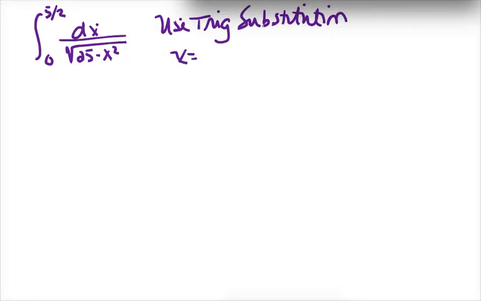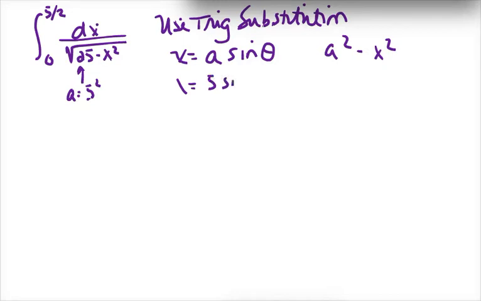So we're going to let x equal a sine of theta when we see an a squared minus an x squared. That's your a, and it's 5 squared. So the substitution that we're going to make is x equals 5 sine of theta. So we're going to move from x to theta, and then we're going to have to go back to x.